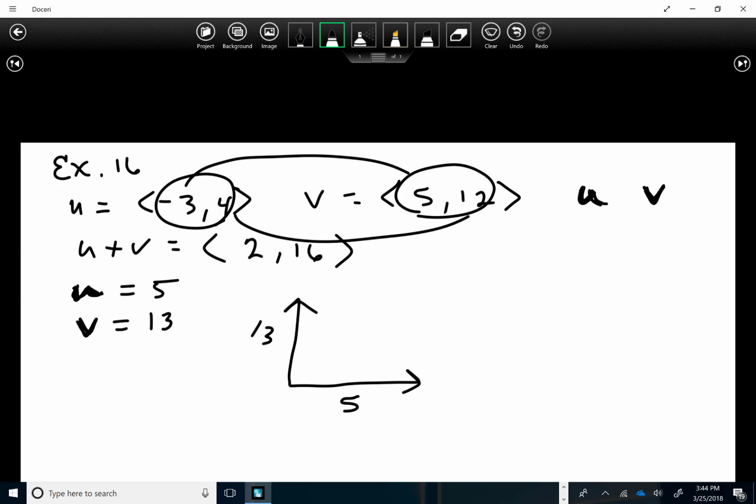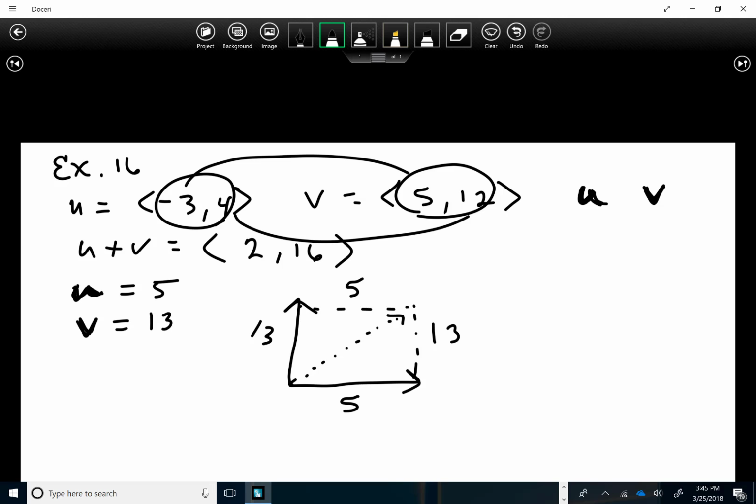But the easy way to add these two together and get a resultant for the magnitude of the third vector, the U plus V, is to draw a line between them and connect it like a parallelogram. Because in a parallelogram, the sides that are opposite are the same, and it makes it easier then to find the missing pieces.